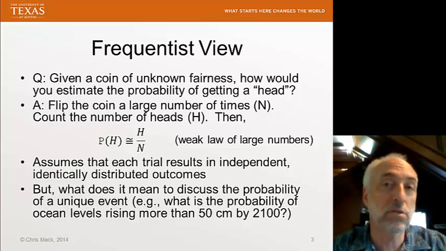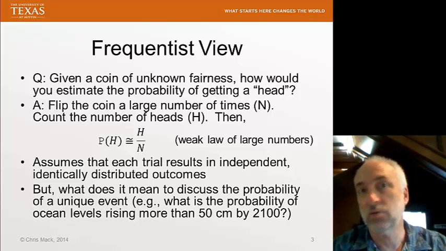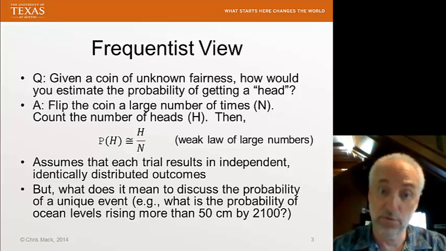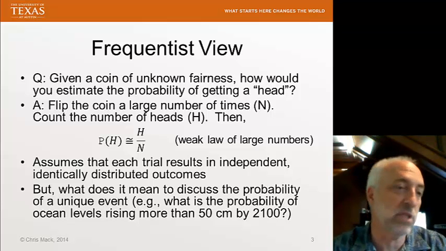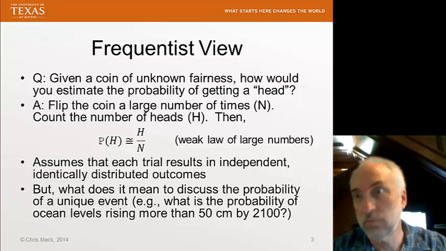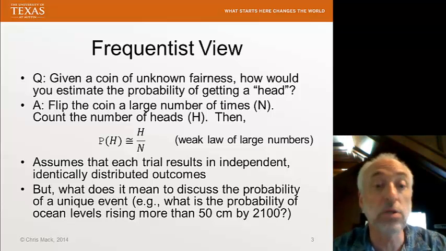We'll often talk about the probability of a unique event. Right? Looking back in history, what was the probability that World War II would happen? What's the probability in the future of some future event happening? What's the probability of an atomic war? This is something that scientists actually work on very seriously. What's the probability that ocean levels will rise by more than 50 centimeters by the year 2100?